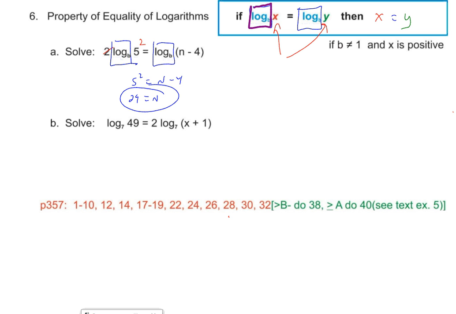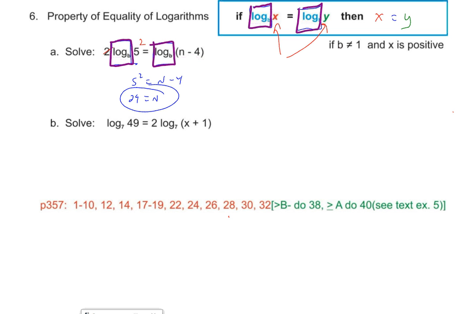If you have the logarithm x in base b equaling the logarithm of y in base b, then the x equals the y. I put it in that condition, and therefore then I was able to say 5 squared equals n minus 4, and I was able to finish it off. Okay? Why don't you try the last one?